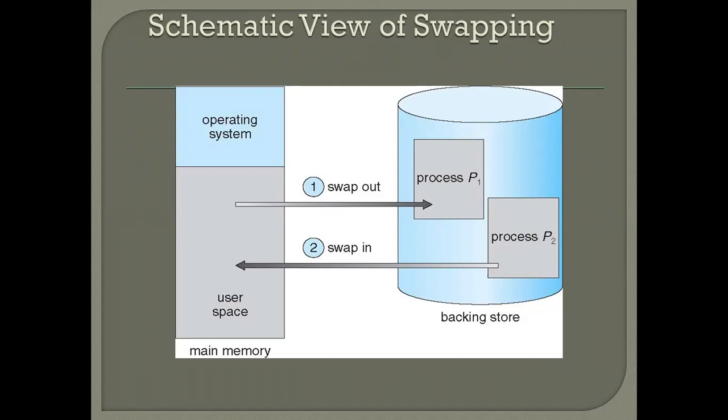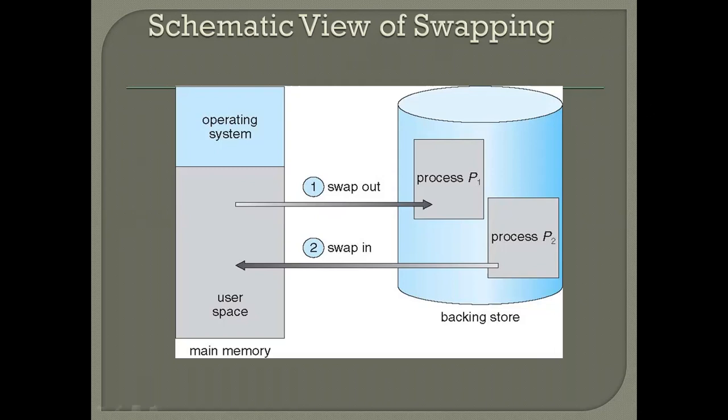When the CPU scheduler decides to execute a process, it calls the dispatcher. The dispatcher checks to see whether the next process in the queue is in memory, and if it is not, and if there is no free memory region, the dispatcher swaps out a process currently in memory and swaps in the desired process. It then reloads the registers and transfers control to the selected process.